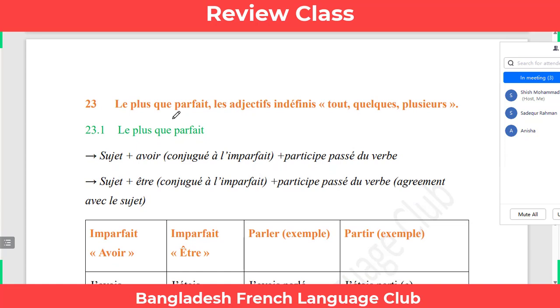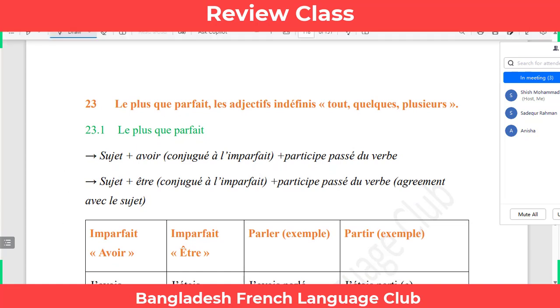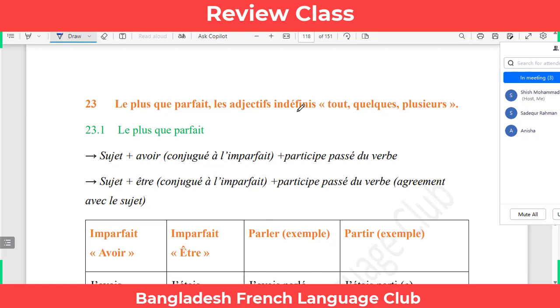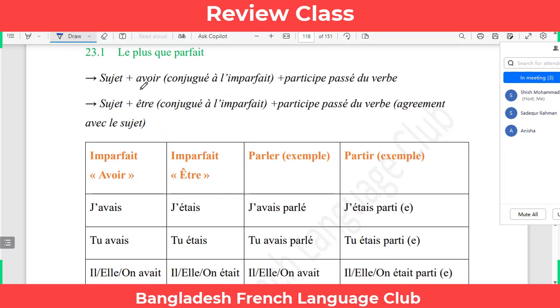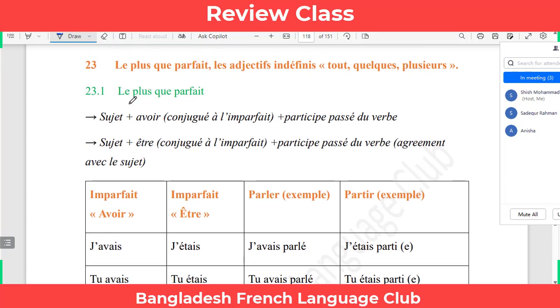Okay, there is a tense: le plus-que-parfait. Les adjectifs indéfinis: tout, quelconque. Le plus-que-parfait is conjugated with two verbs, avoir and être.